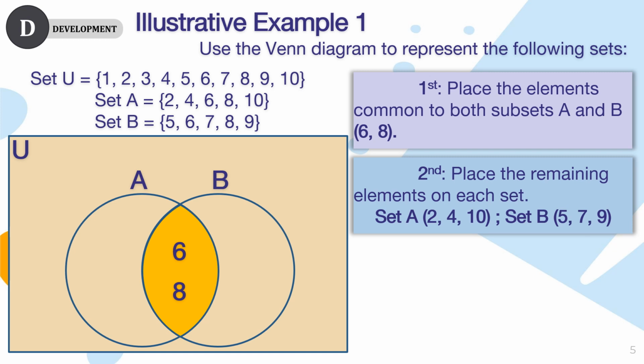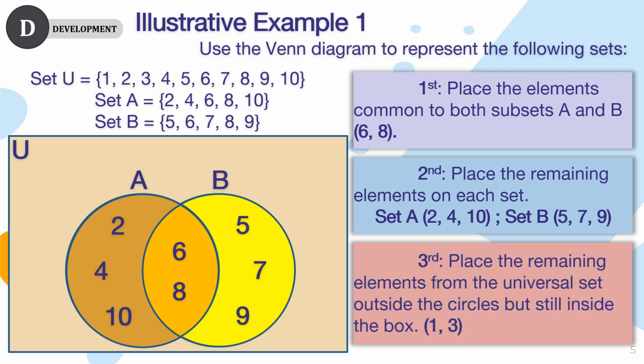Next, place the remaining elements on each set. For set A, we have this area and the remaining elements 2, 4, and 10. While for set B, we have this area and the elements 5, 7, and 9.